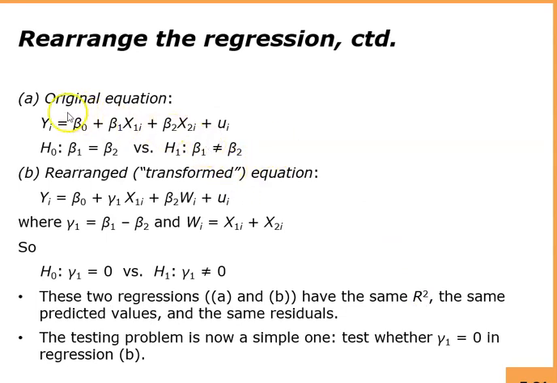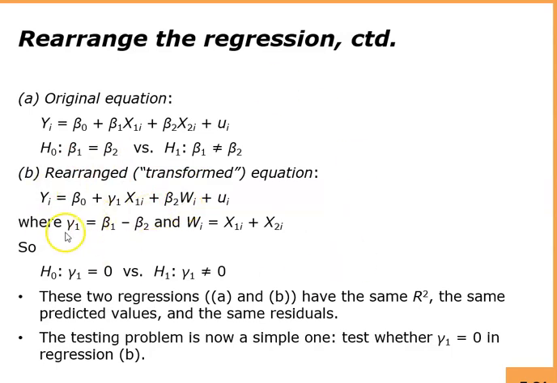So the original equation is as follows over here, but if we have to test the null hypothesis that beta 1 is equal to beta 2 versus the alternative hypothesis that beta 1 is not equal to beta 2, we can rearrange the equation in which gamma 1 will basically be equal to beta 1 minus beta 2, while Wi is the sum of x1i and x2i.